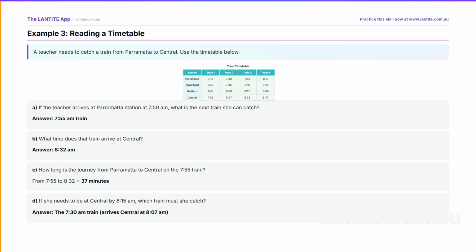From 7:55 to 8 is 5 minutes, and from 8 to 8:32 is 32 minutes. Total is 37 minutes. Part D. If she needs to be at Central by 8:15, we look for trains arriving before 8:15. The 7:30 train arrives at 8:07, which is the latest option that works.